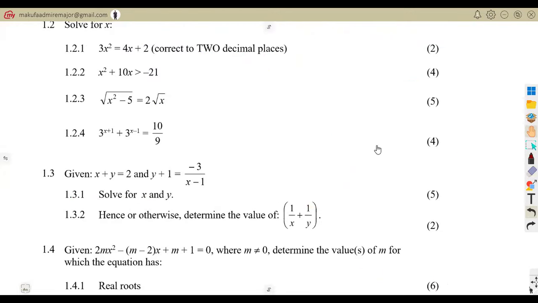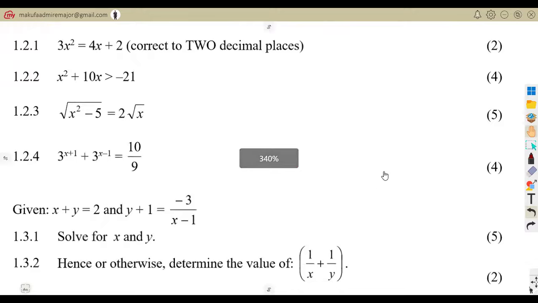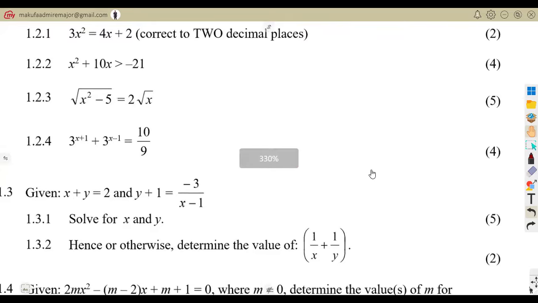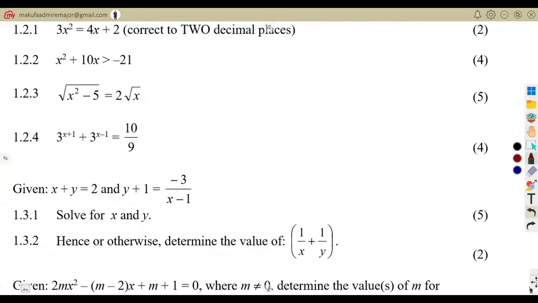So 2 marks. Why 2 marks, guys? Anyway, under examination, you have to consider it that way. You're not supposed to assume the marks, but basically it's supposed to be 4 marks or 3 marks, because if an inequality has 4 marks, this is also supposed to have the same number of marks. Okay, anyway, it was 2 marks.